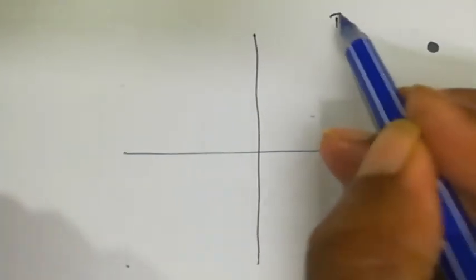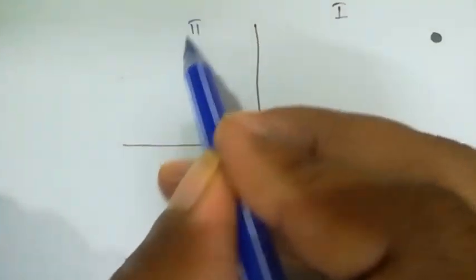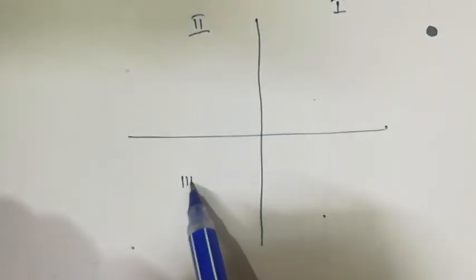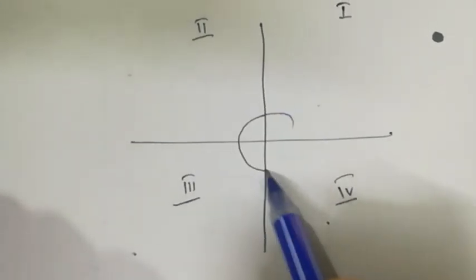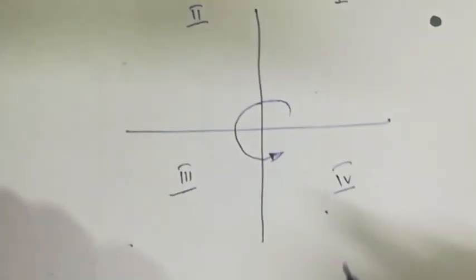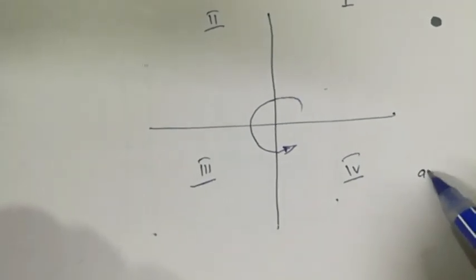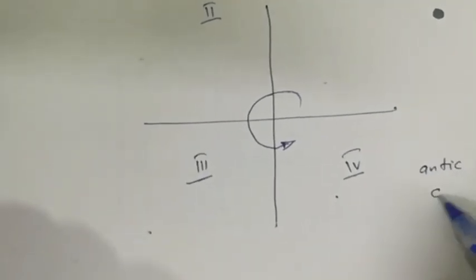When the point is in the first quadrant, say this is first quadrant, this is second quadrant, this is third quadrant and this is fourth quadrant. This is called an anti-clockwise system.